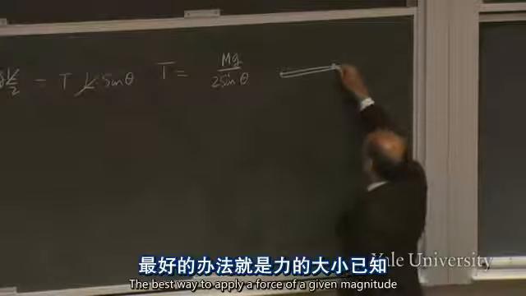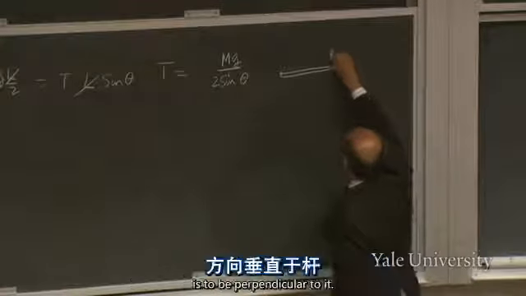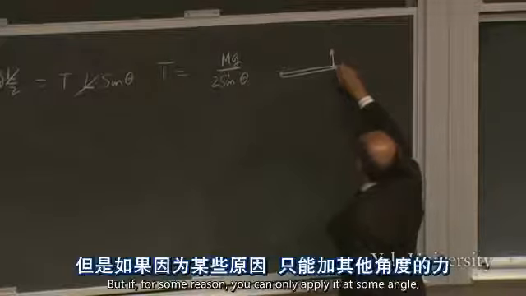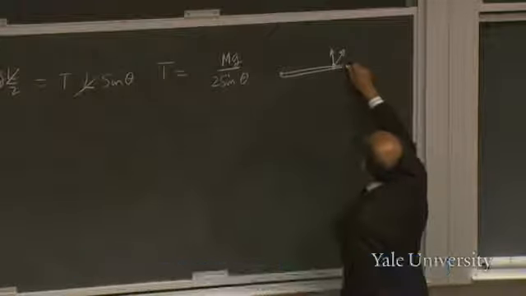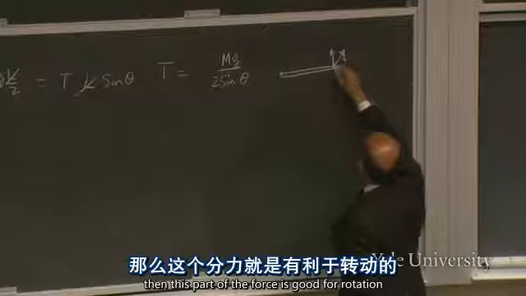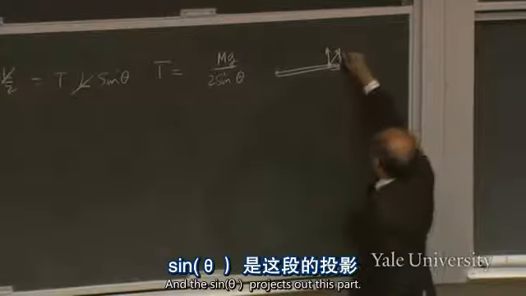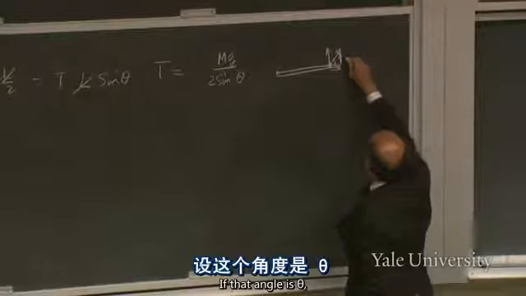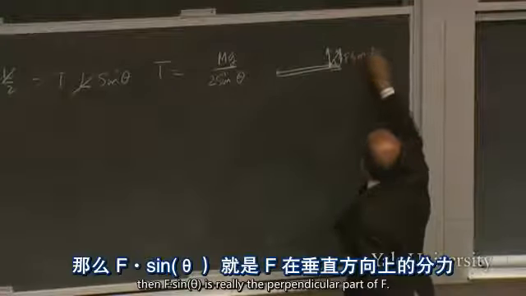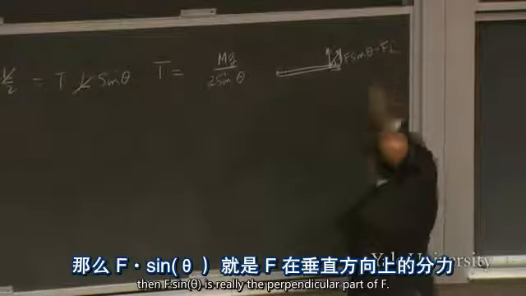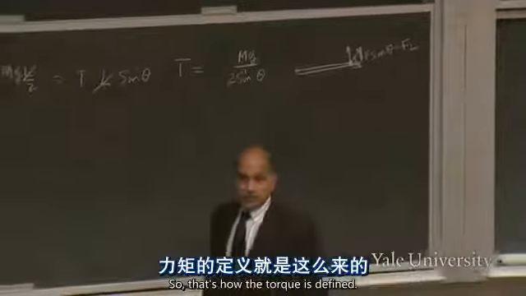The best way to apply a force of a given magnitude is to be perpendicular to it. But if for some reason you can only apply it at some angle, then this part of the force is good for rotation and that part of the force is not good for rotation. The sine theta projects out this part. If that angle is theta, then F sine theta is really the perpendicular part of F. So that's how the torque was defined.